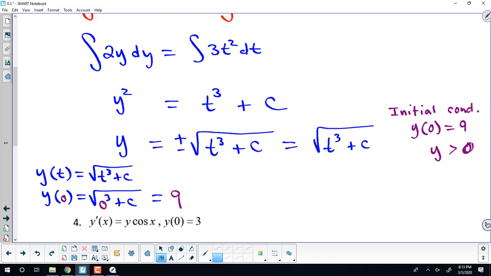In other words, we have the square root of c is equal to 9, which means c is 9 squared, 81.